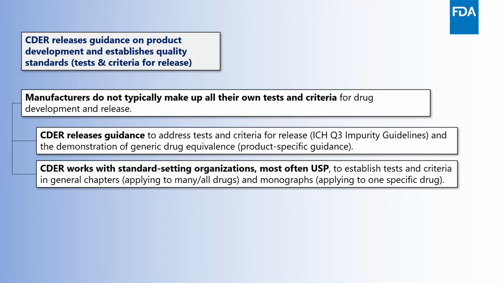CEDAR also works with standard-setting organizations, most often USP, to establish the minimum tests and criteria in general chapters, which can apply to many drugs, and monographs, which apply to one specific drug.